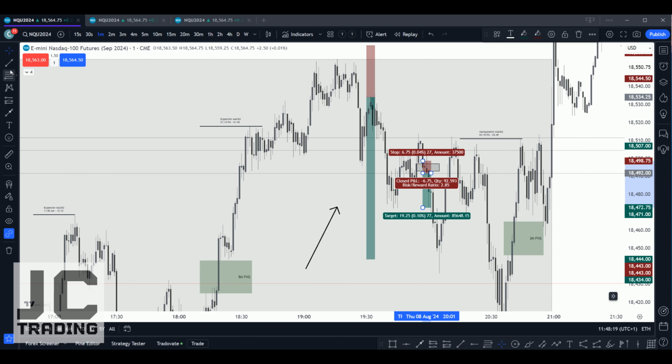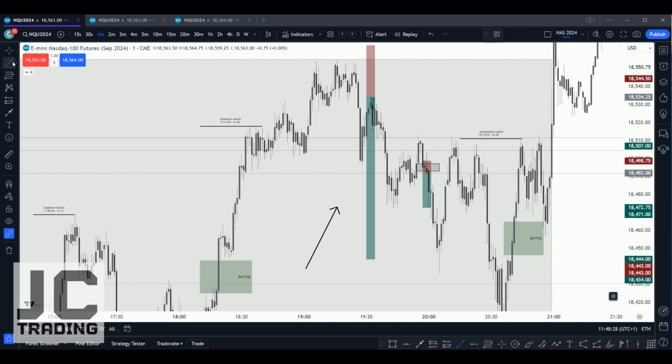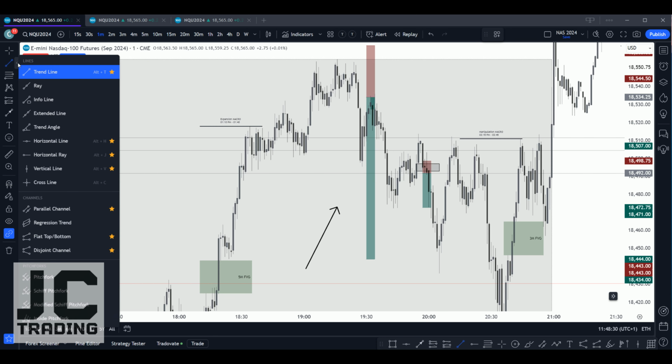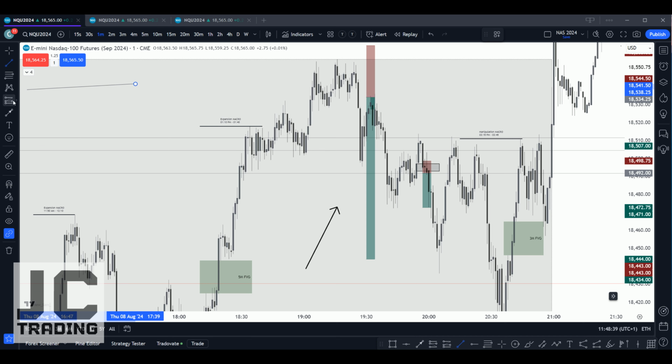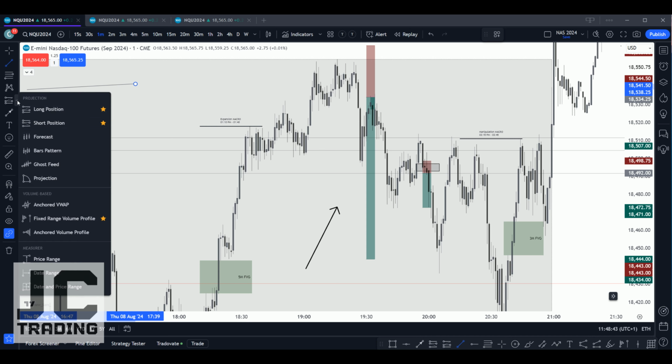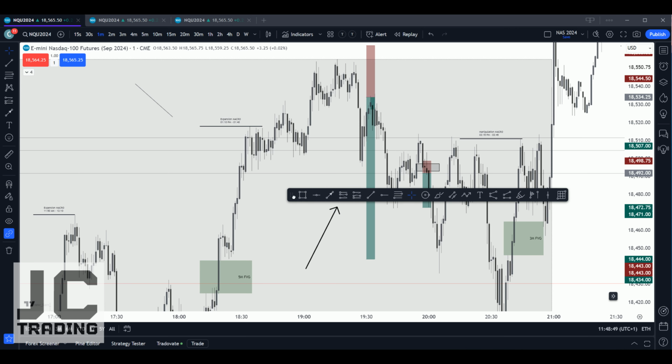I believe they're over here. I can't remember where they are now. I have them shortcutted, so I don't know where they are. Let's have a quick look for you. There. If you look in this area on the left of the screen, it's the fifth one down. You'll see long position, short position. Put a star on them, and that way you'll end up with this little movable bar with all of your favorites on it.